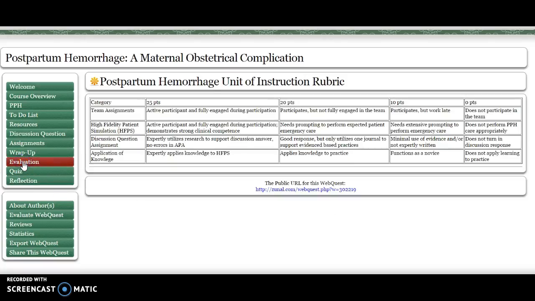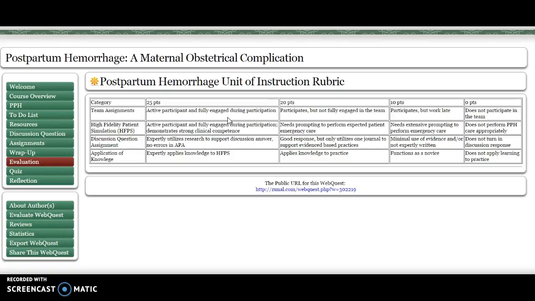Next, in your evaluation section, the rubric depicts various levels of understanding and participation, starting with the lack of participation to being an active participant in the team assignments. I've noticed that in simulations there are definite leaders who take charge of the situation, and there are those that stay off to the back.